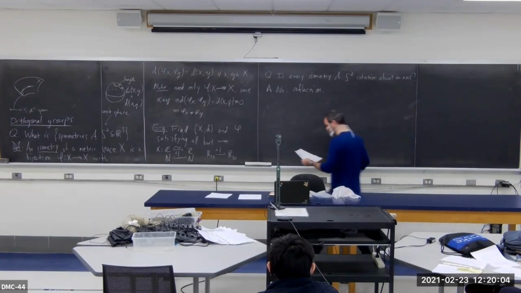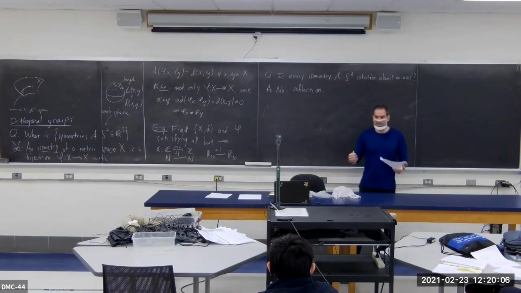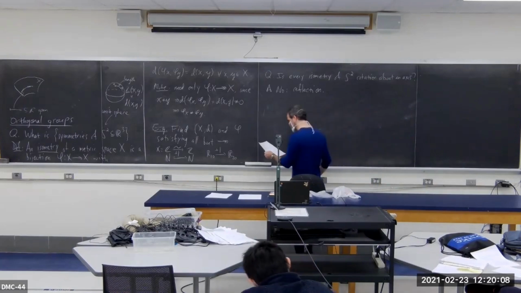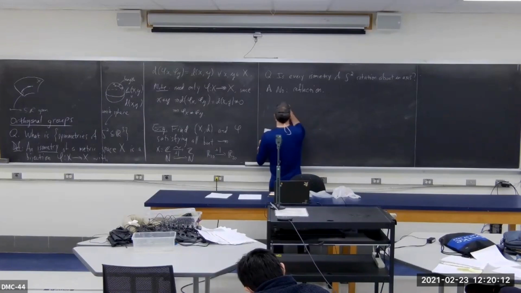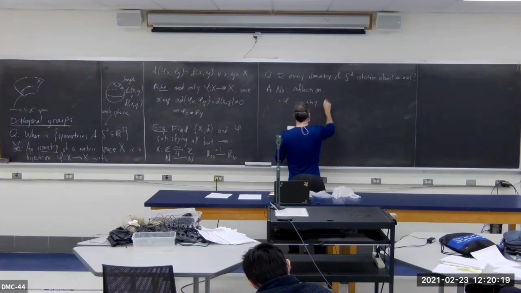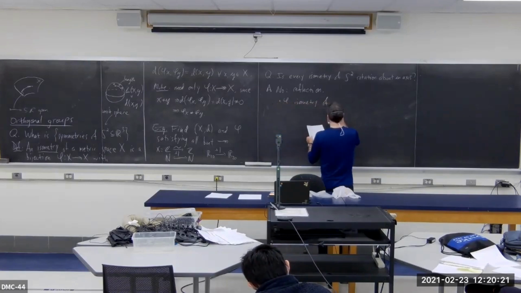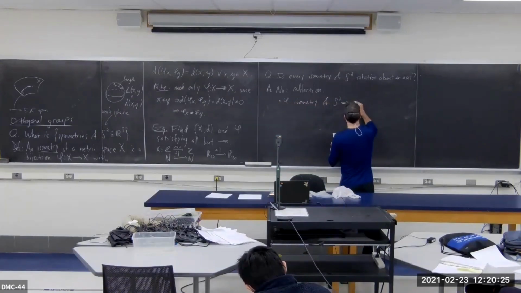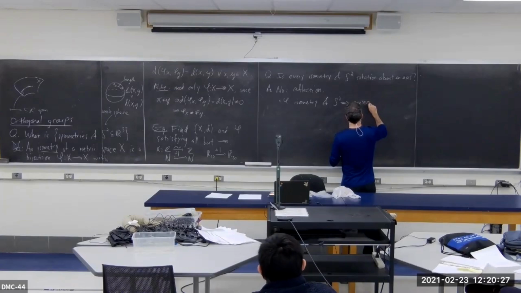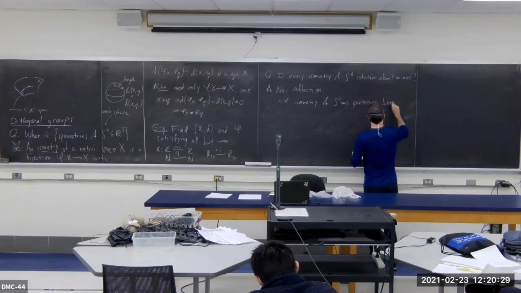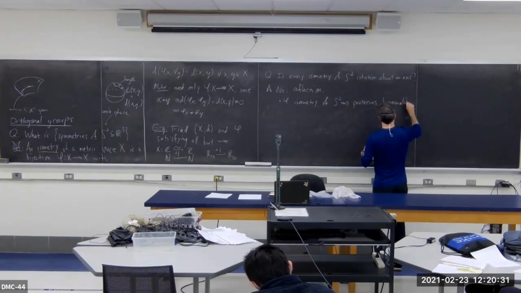Let's make this precise. The point now is that we need a notion of orientation. First of all, let's note some things. If P is an isometry of S2, then it preserves orthonormality of bases.